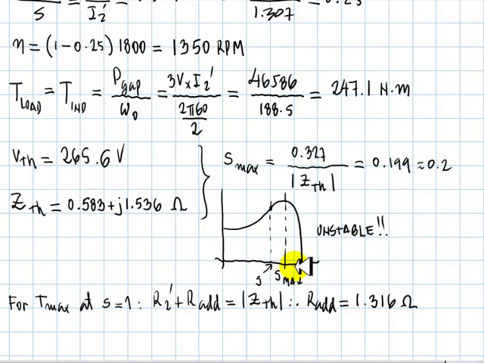But the actual s, the actual slip, is 0.25, so that means that we are over here in the unstable zone. Well, remember that this part of our diagram, all the way up to the s max, is unstable, and the part on the right hand side, this is the stable zone. So we are operating in unstable mode.